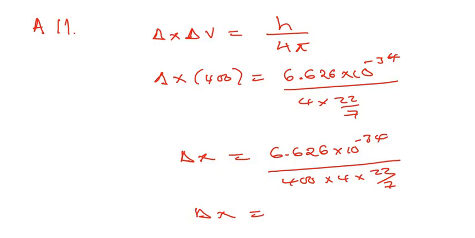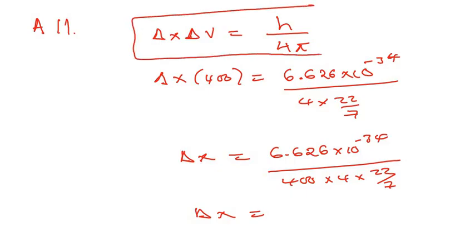So the mass should have been just a distraction there. So we are having 6.62 times 10 to the power negative 34. Please try to cross-check in your notes if this is the formula for the uncertainty principle. You can just search it on Google. Then we are dividing it by 400 times 4 times pi.